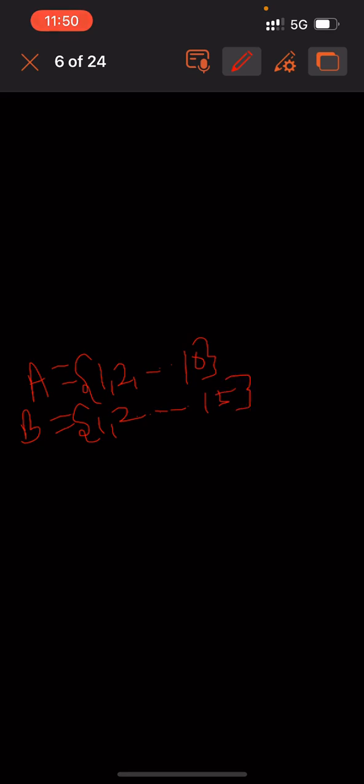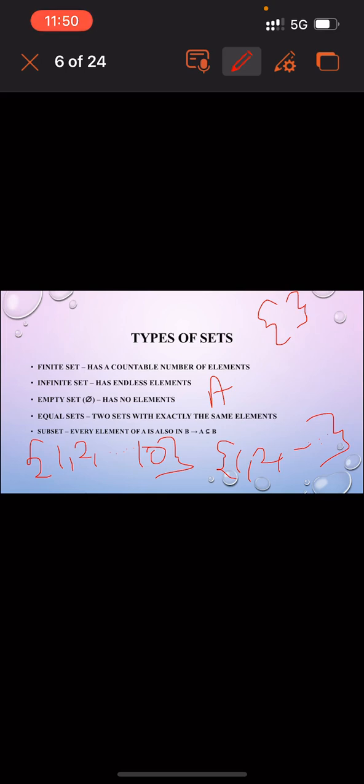Then here 1 to 10 is also inside B. So A is the smaller set, B is the bigger set. Then A is contained in B. That means A is a subset of B. We can say this notation as subset notation or contained in. A contained in B, then B is called superset, A is called subset.